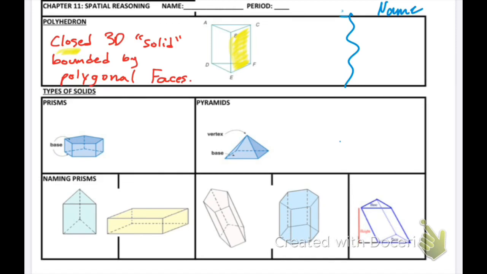So all I'd say is that that face is rectangle BCFE. I just pick a vertex and work my way around in order. Don't make the mistake of crossing over. You wouldn't want to go B to C over to E to F. That's wrong. Don't do that. Make sure you work your way around the shape, naming the face.